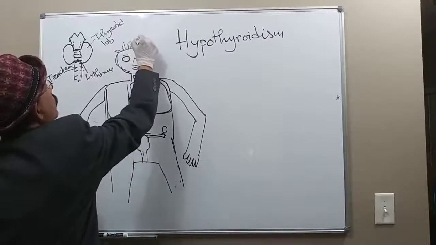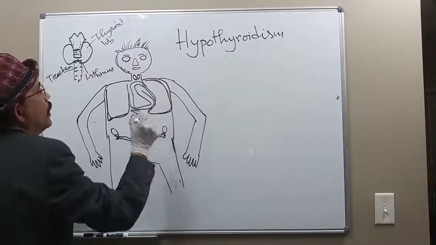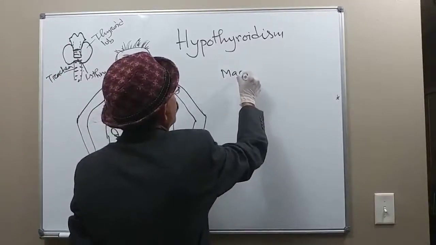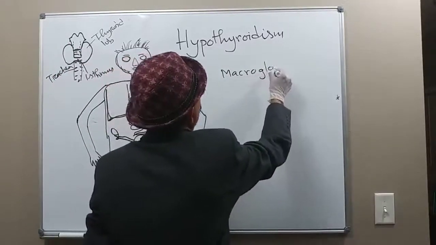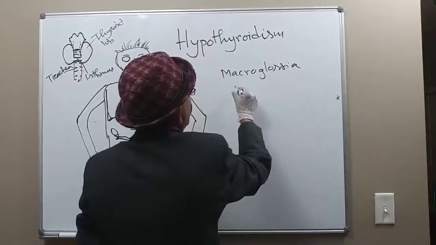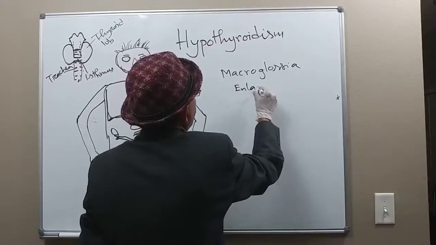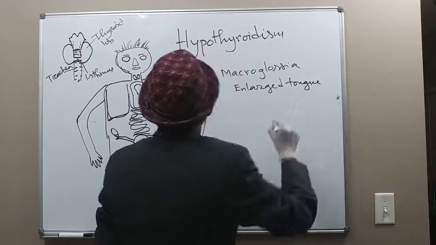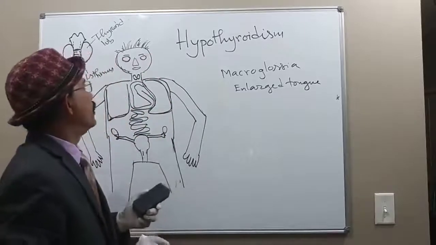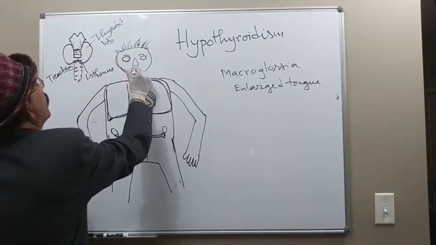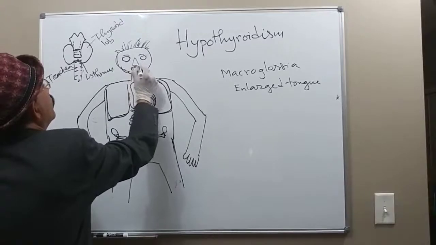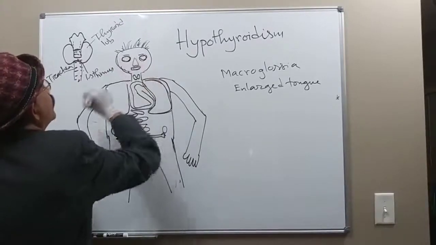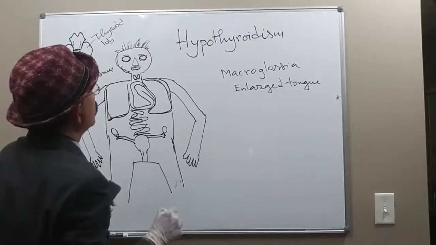If you open the mouth, you may get macroglossia, that means an enlarged tongue, which may sometimes lead to sleep apnea. The lips may be swollen. There may be a collection of fluid around the eye. So we have that picture.